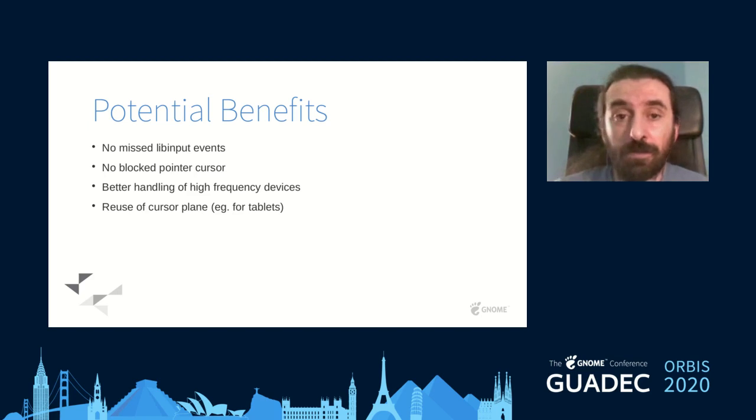So the shell would update at 60 frames per second or 75 frames per second, and you would still get the full stream of motion events to the clients.